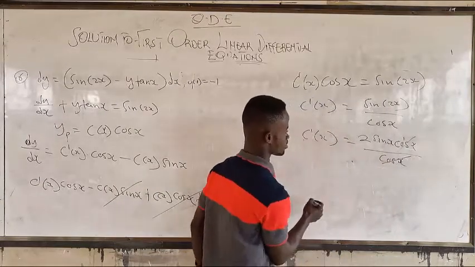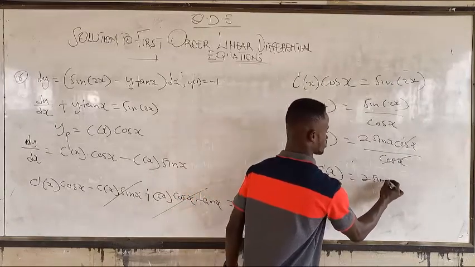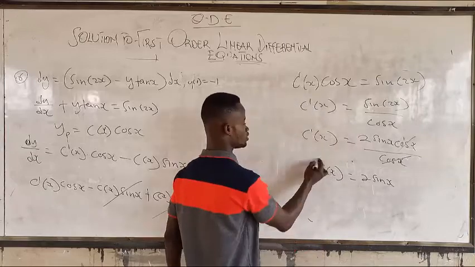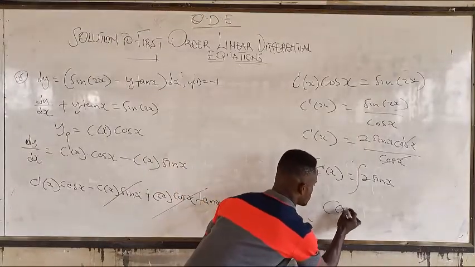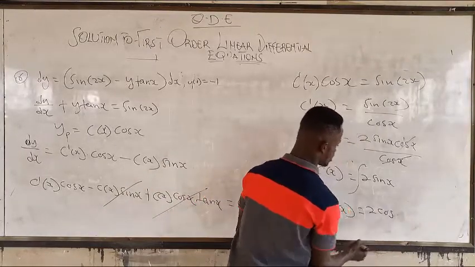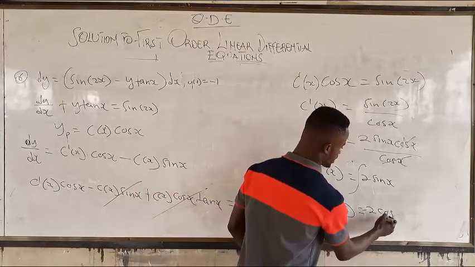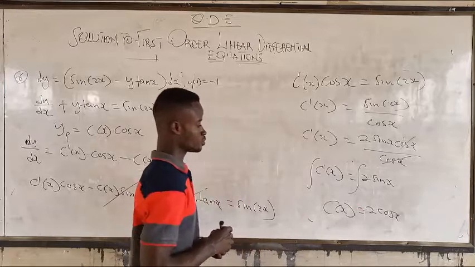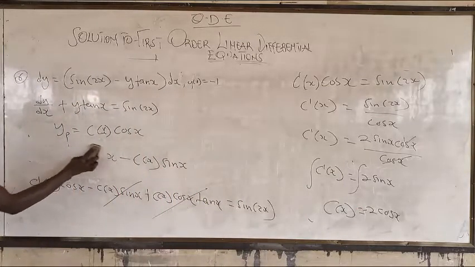This cancels this. So when you integrate with respect to x, you get 2, but when you integrate sine, you get negative cos. So negative cos x. So finally, we get that to be that.